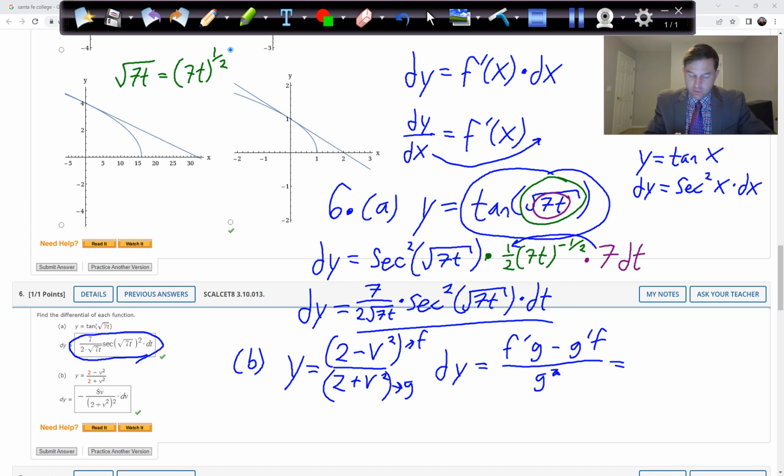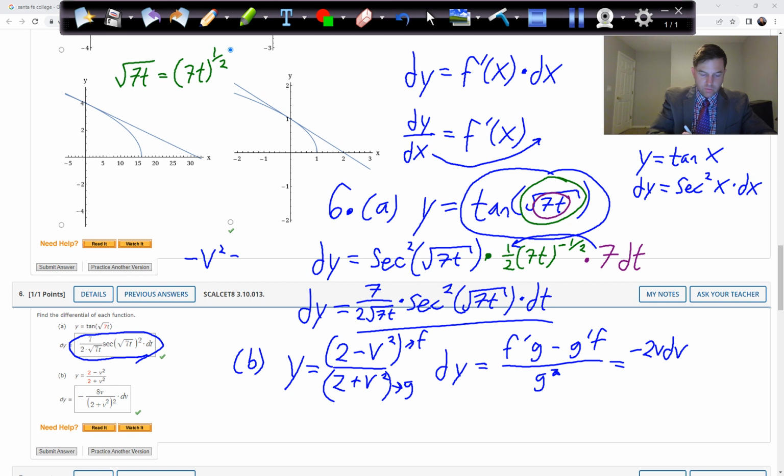So f prime would just be negative 2v, this is the new part, dv. Normally we would have done the derivative of minus v squared is just minus 2v, but now because of these differentials we pick up another term called dv. Basically it's chain rule.